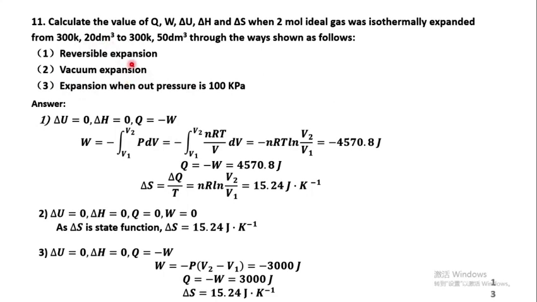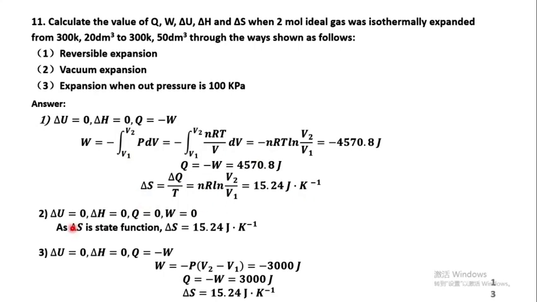For those three different processes, we have for the first one, because the temperature is constant, delta U equals 0 for the first, second and third small questions. After delta U equals 0, because this is a reversible process, delta H equals 0, Q equals minus W, so W equals this, and Q equals this, so delta S equals this.